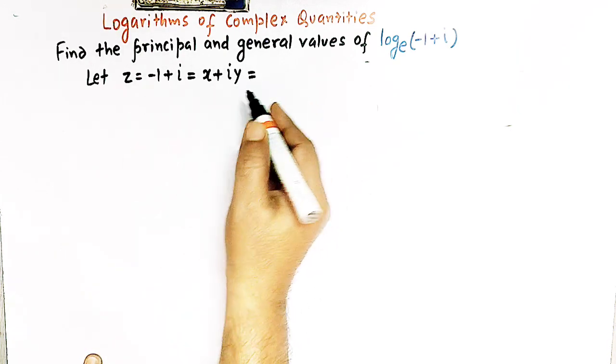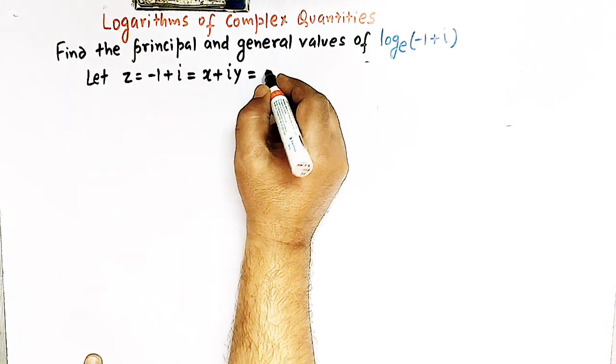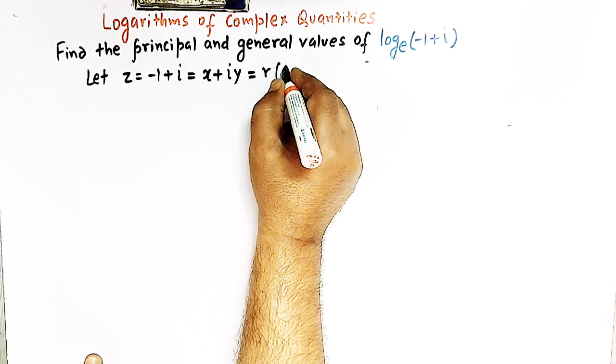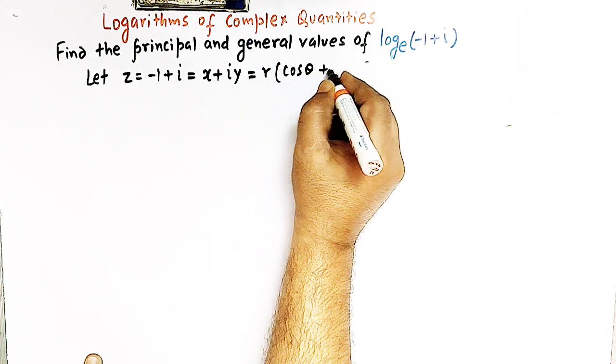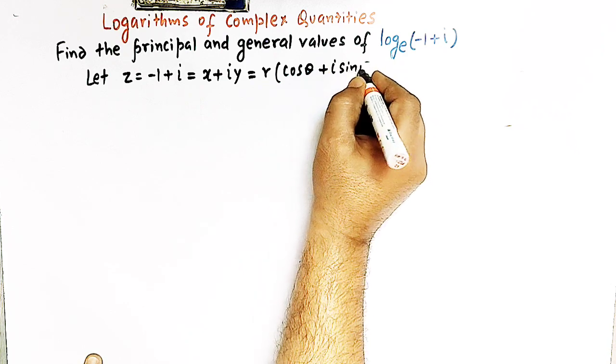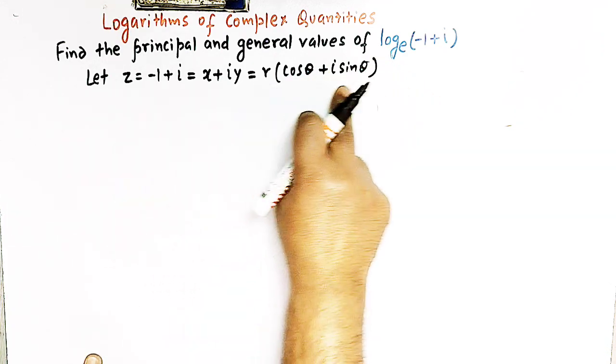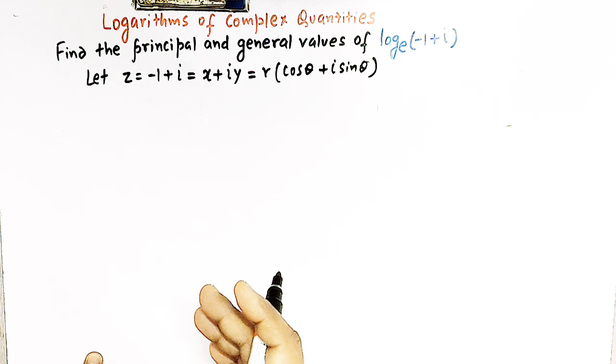And we can write x plus iy as r times cosine theta plus i sine theta. So here we are using the usual notations.